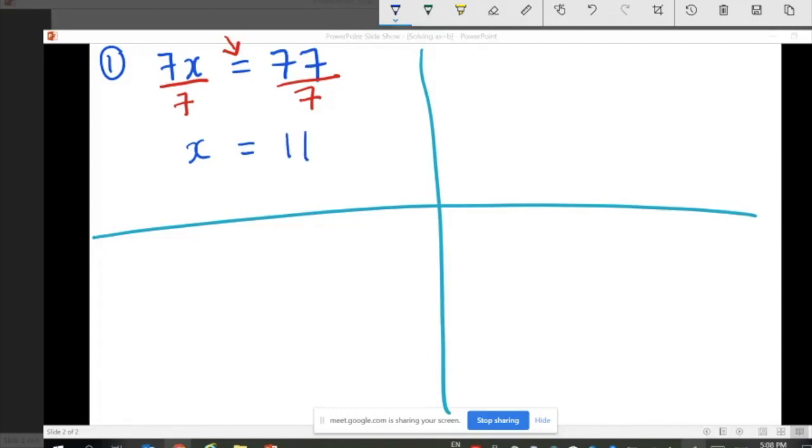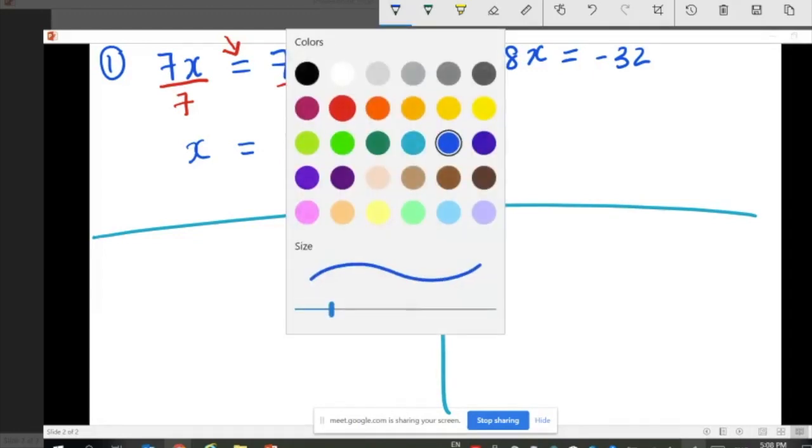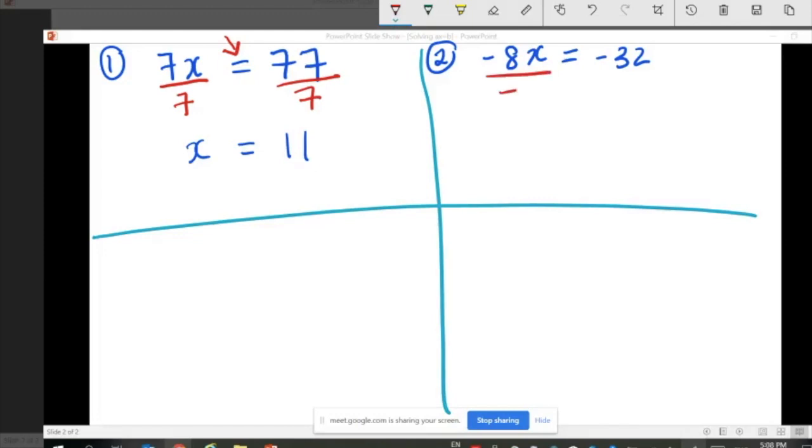Let's look at the other example. Negative 8x equals negative 32. There's a negative 8x. I need a positive 1x. In order to get positive 1x, I need to divide by negative 8. So let's divide by negative 8 on the left-hand side.